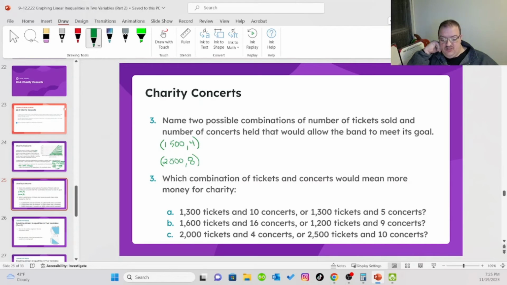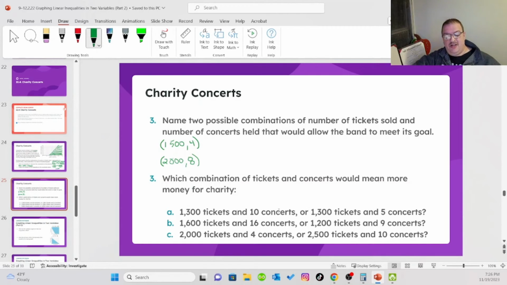Which combination of tickets and concerts would mean more money for charity? First, they give us 1,300 tickets and 6 concerts, or 1,300 tickets and 5 concerts. For this one, I don't even have to do any math. If I sell the same number of tickets, then I make the same amount of money.